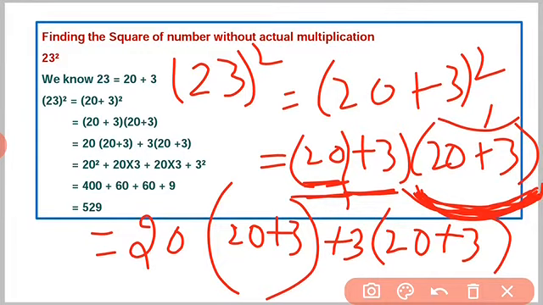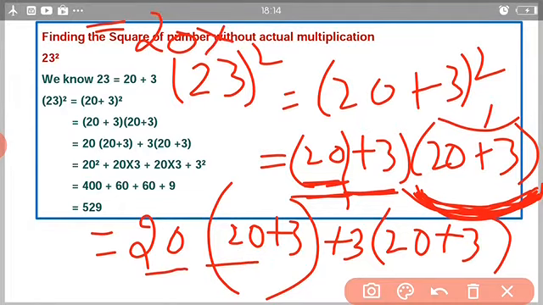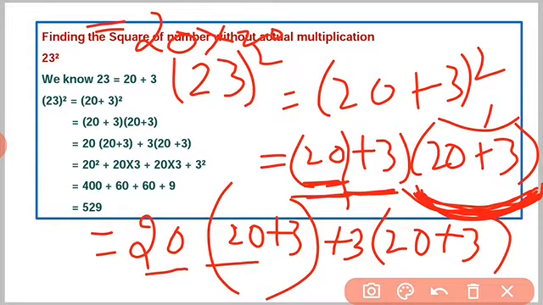Now try to solve it. We know that bracket means multiplication. So what will be the next step? 20 multiply 20. What will be the answer? Plus sign is there.